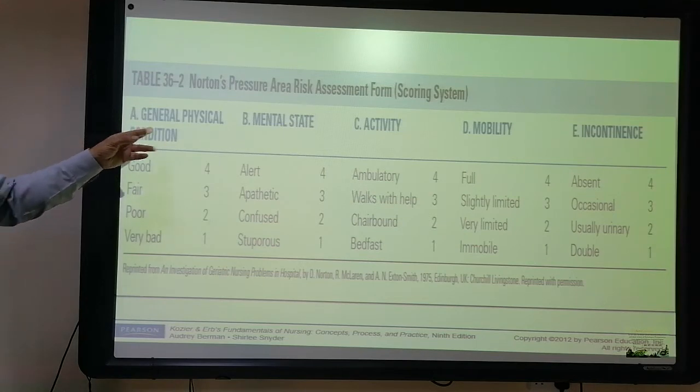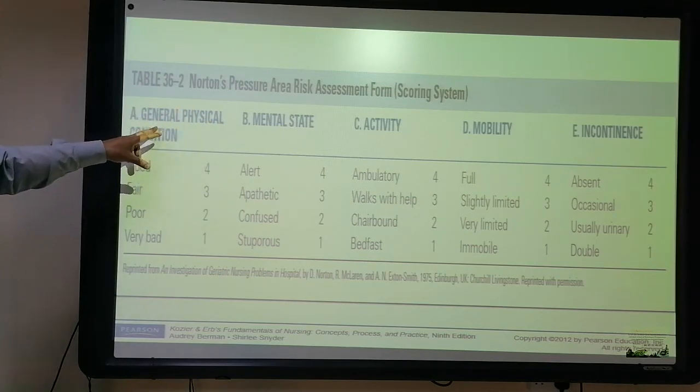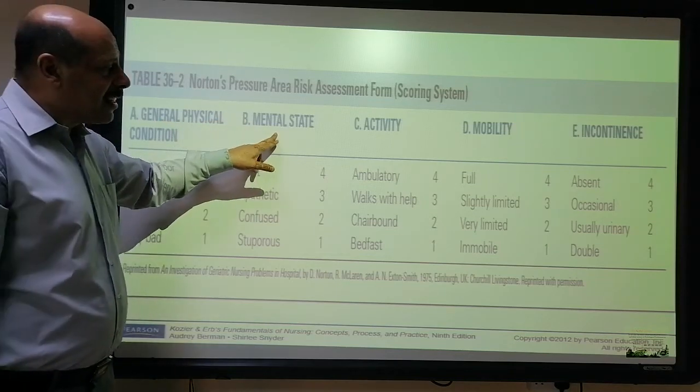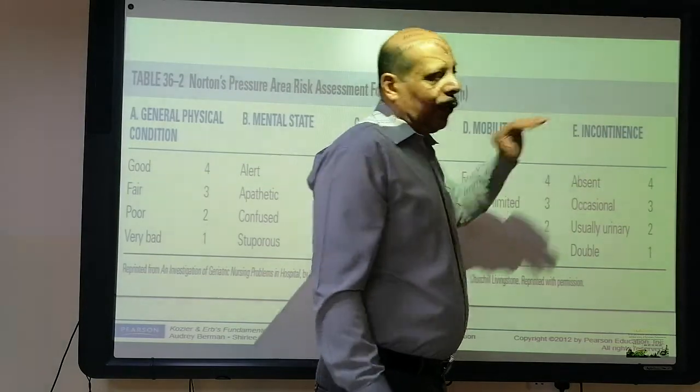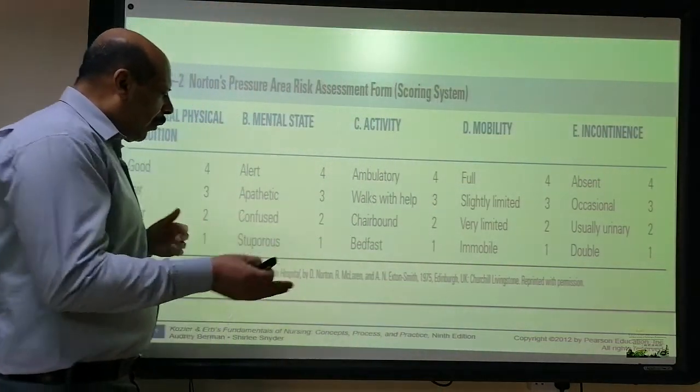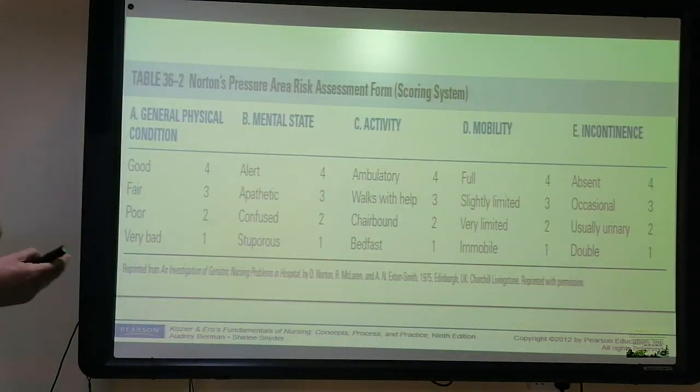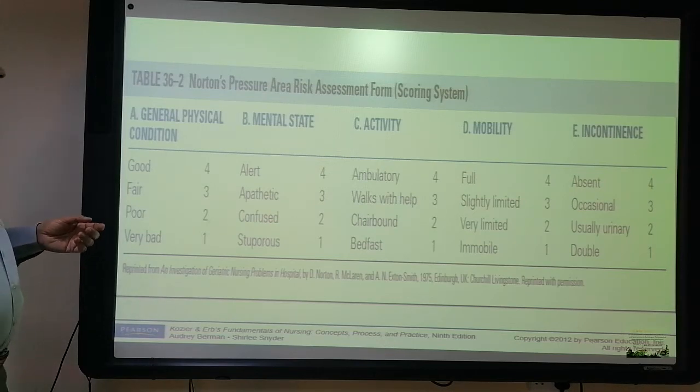It also includes the general physical condition, the mental status of the client, the activity, mobility, and incontinence. So nearly both are similar, but they are different in the calculation of the marks.